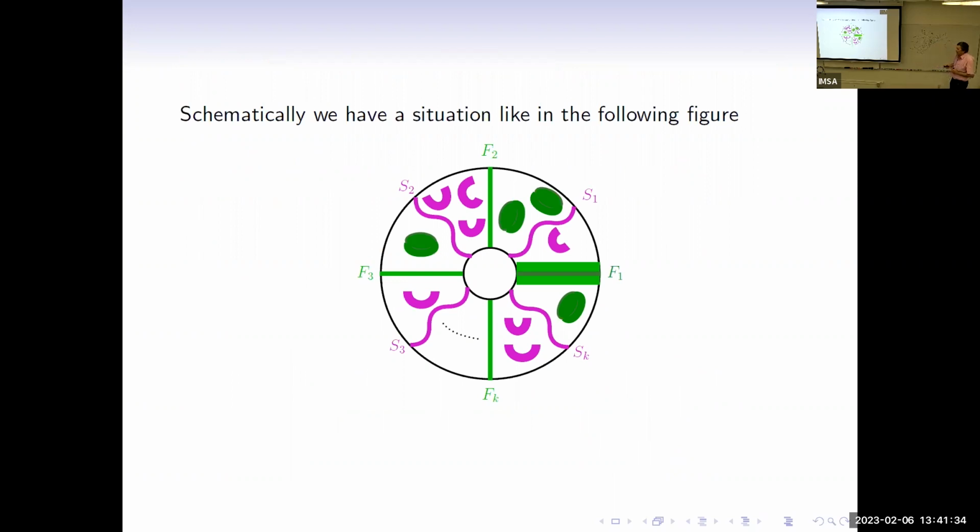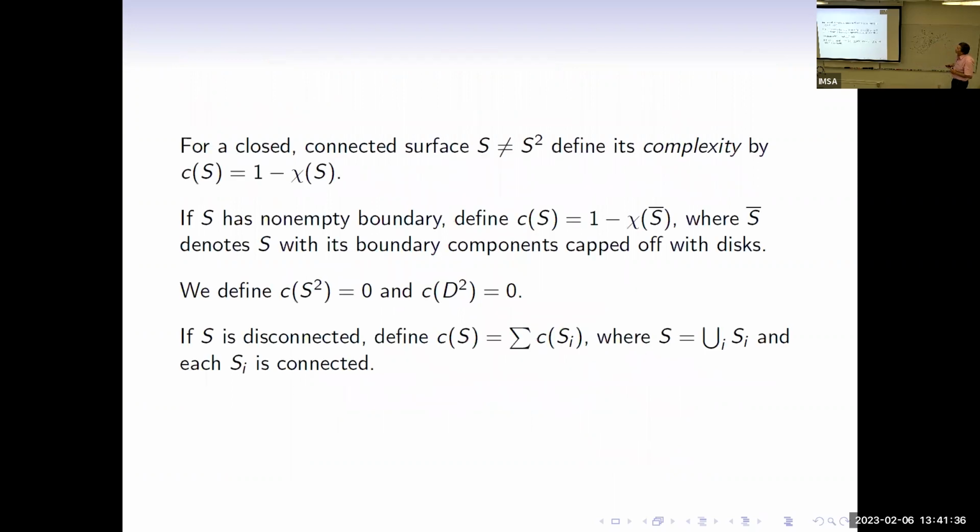Now define a complexity. For a closed surface, complexity is 1 minus Euler characteristic. For a surface with boundary, we just take the closure and then take 1 minus Euler characteristic of the closure.